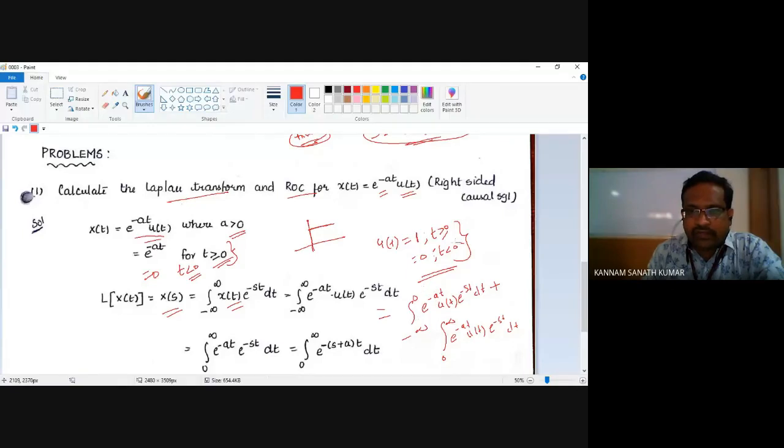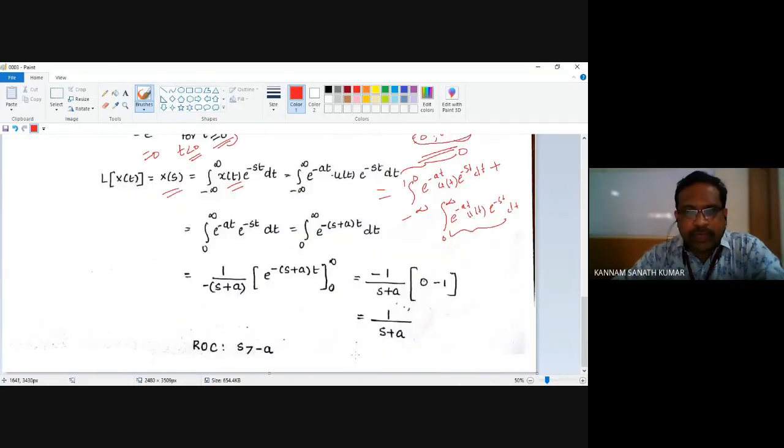When t is less than 0, u(t) equals 0, so that term becomes 0. It is defined for t greater than or equal to 0 only. So from 0 to infinity, e^(-at) times e^(-st) dt. Combining these two, a^m times a^n equals a^(m+n), taking minus common, you get e^(-(s+a)t) dt.